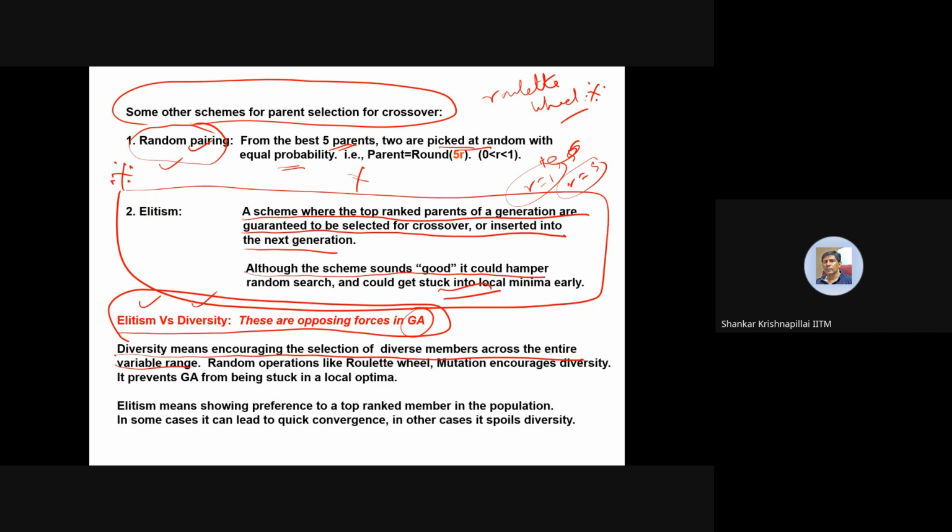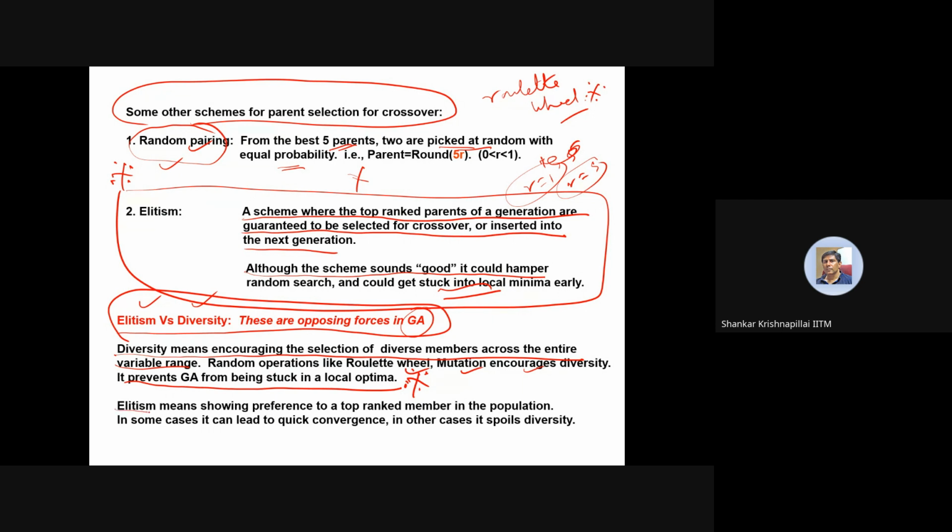So random operations like roulette wheel and mutation encourage diversity. It prevents the genetic algorithm from being stuck in a local optimum. Why are we doing this mutation and roulette wheel search and all these things? Because this will allow us to search the search space in a more diverse manner, so you won't get trapped in a local maximum or local minimum.